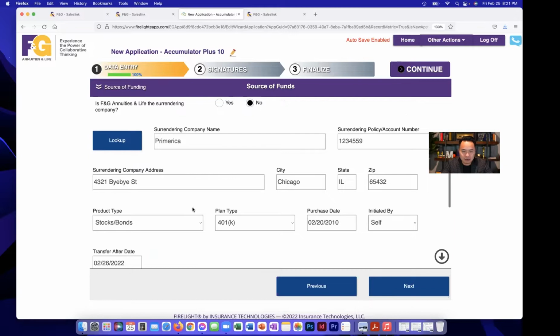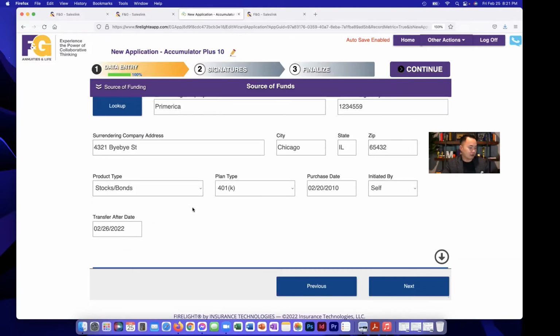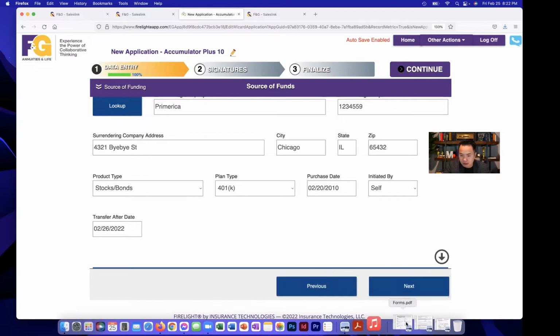So this is the part where most people get it wrong. This is the part where we spend about a couple minutes going over. On the actual application, it's flipped. Let me bring it up.